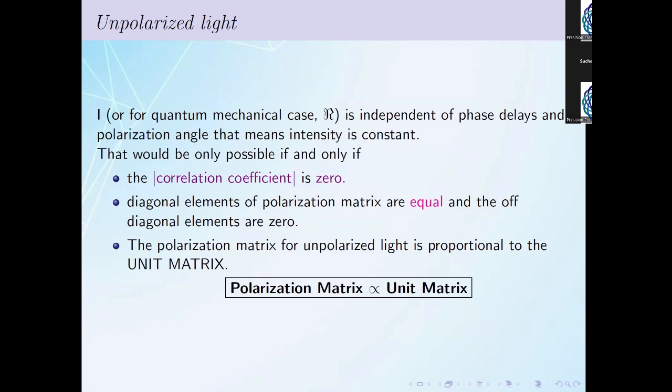For the classical case the intensity, and for the quantum mechanical case the detection rate, is independent of phase delays and polarization angle. Theta and delta both are 0. For that case, the correlation coefficient is 0, and hence the diagonal elements of the polarization matrix are equal and the off-diagonal elements are 0. That means the polarization matrix for unpolarized light is proportional to the unit matrix.